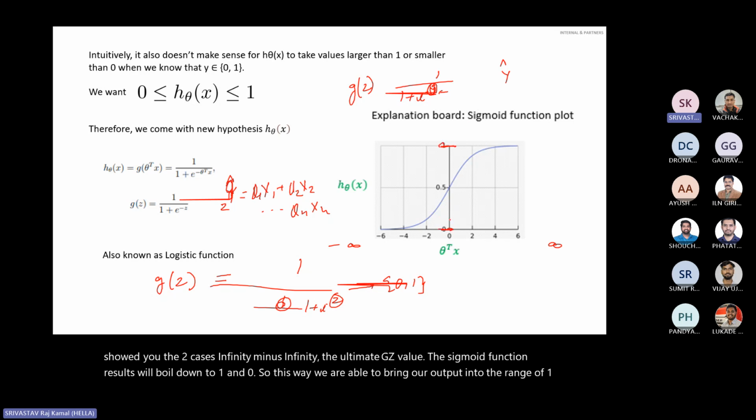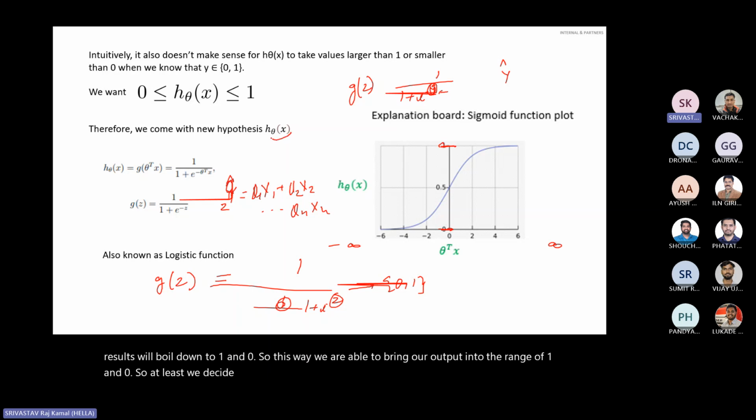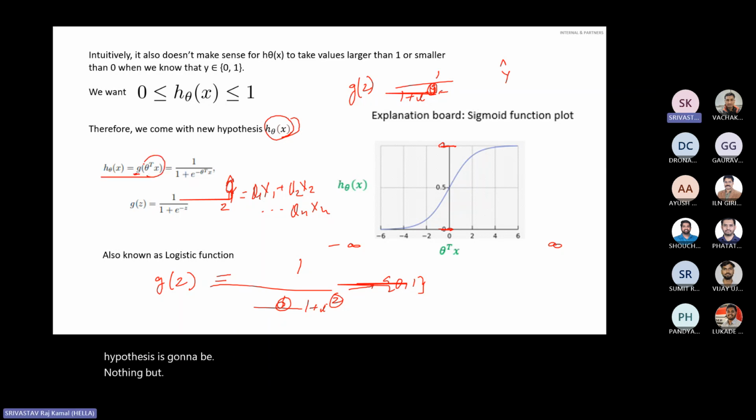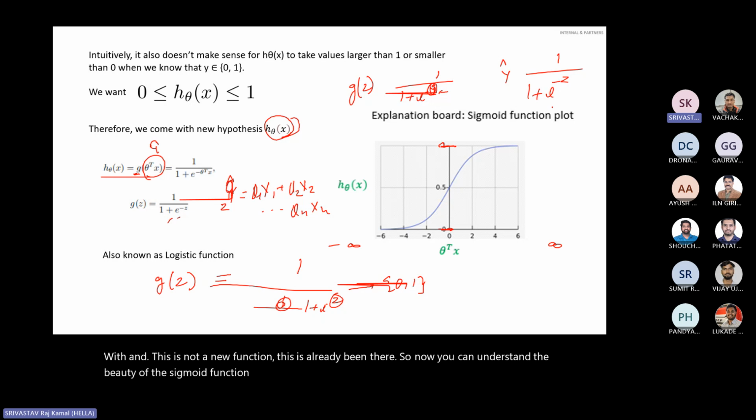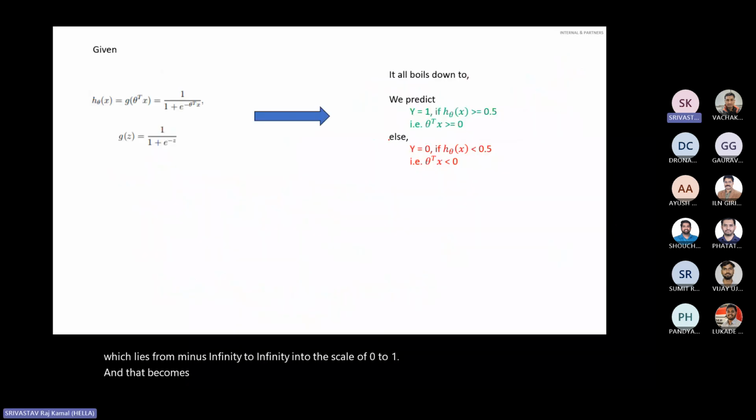So we decide the hypothesis, my new hypothesis is going to be the sigmoid function of the y hat. This is not a new function, it has already been there. Now you can understand the beauty of the sigmoid function, how simple it is, that it brings your whole value, which lies from minus infinity to infinity, into the scale of 0 to 1, and that becomes our hypothesis. So guys, any doubt in this sigmoid function?